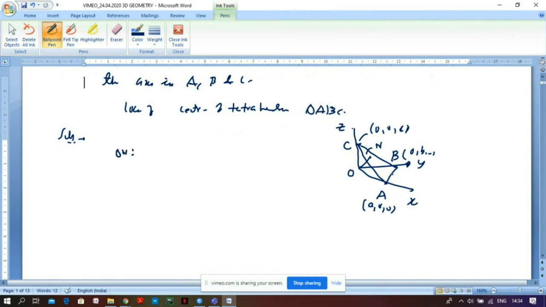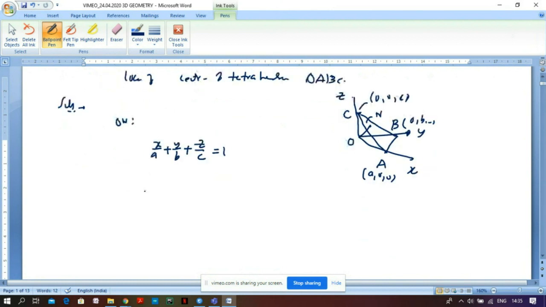So the equation of the plane in intercept form is given by x over A plus y over B plus z over C equal to 1. So that's the 3D plane equation when intercepts are given: x-intercept is A, y-intercept is B, and z-intercept is C. Now from origin, the length of perpendicular, that is p, is given by, you just put zeros everywhere.